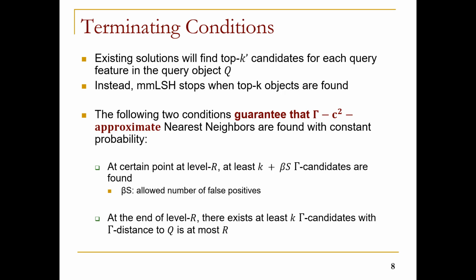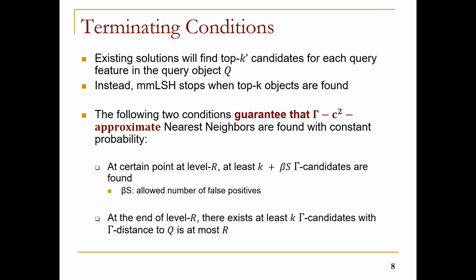First, at any time during query processing, if at least k plus beta s gamma candidates are found, where beta s is the user-defined allowed number of false positives. And second, at the end of processing each radius and before increasing the radius to find more nearest neighbors, if at least k gamma candidates whose gamma distance to the query are at most r are found.